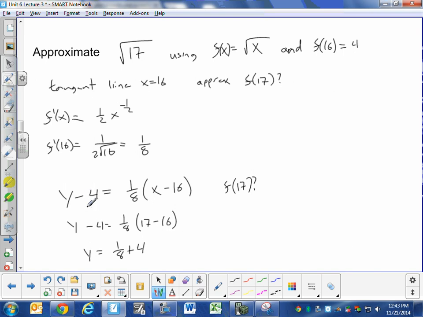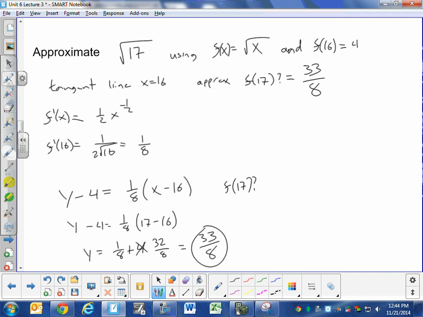Four and an eighth, that's 32 eighths, right? Which is 33 eighths. Have to use a fraction here because I don't know. Well, 1/8 is a finite decimal, 0.125, right?